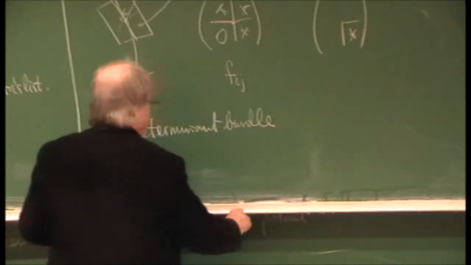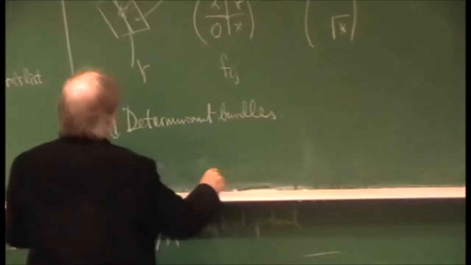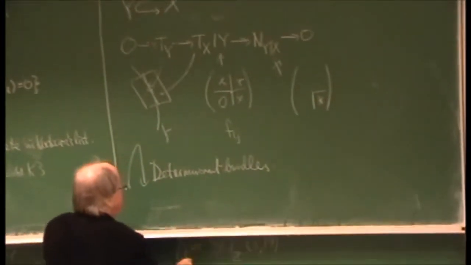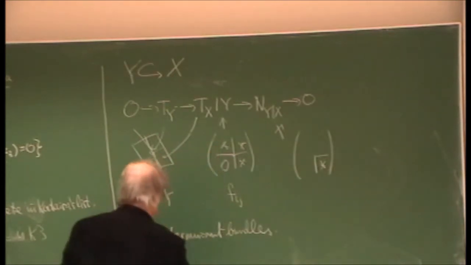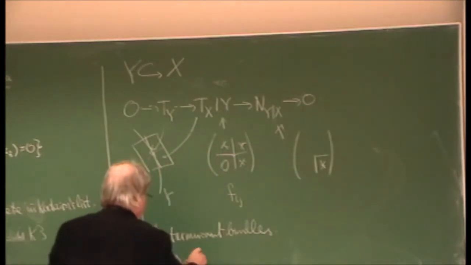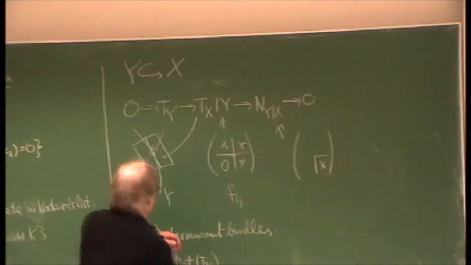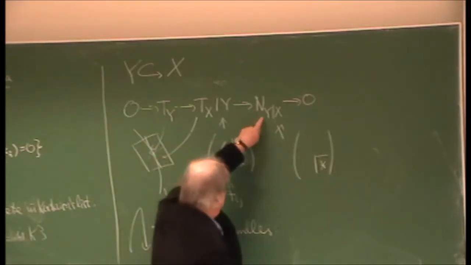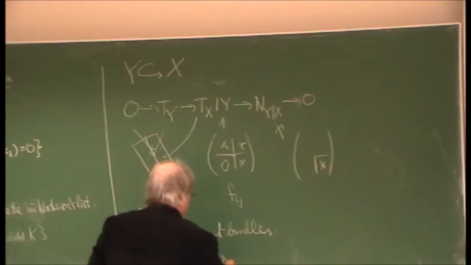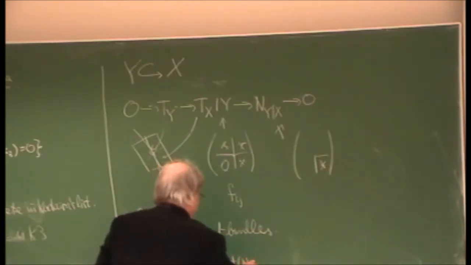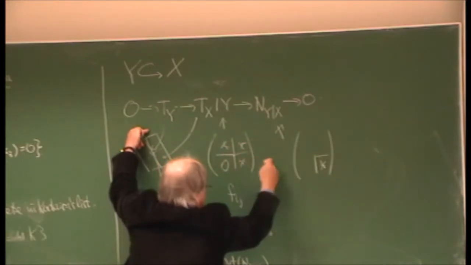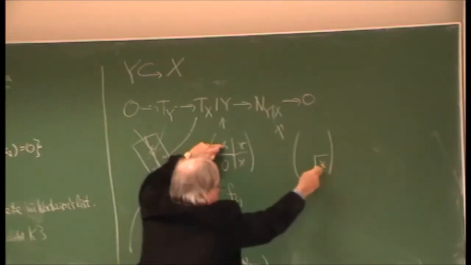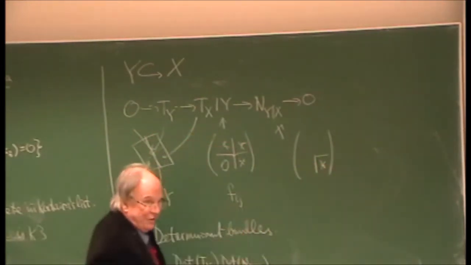Well, okay, so the determinant bundle means you take the top wedge product of this, you get the determinant of that. So you get the determinant bundle of the tangent bundle of Y, times the determinant bundle of the normal bundle of Y in X. The product of this determinant with this determinant equals this determinant.